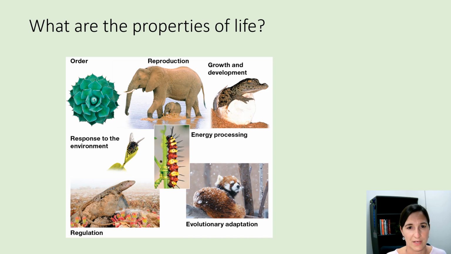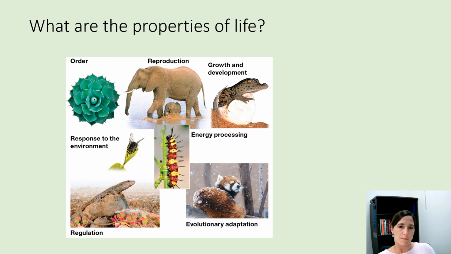Okay, let's look at the picture of the elephants. All living things survive, grow and reproduce, right? So in order to pass on our genes, we have to reproduce, right? And we grow. So here's a picture of an organism that is hatching out of a shell, and so it's representing growth and development.